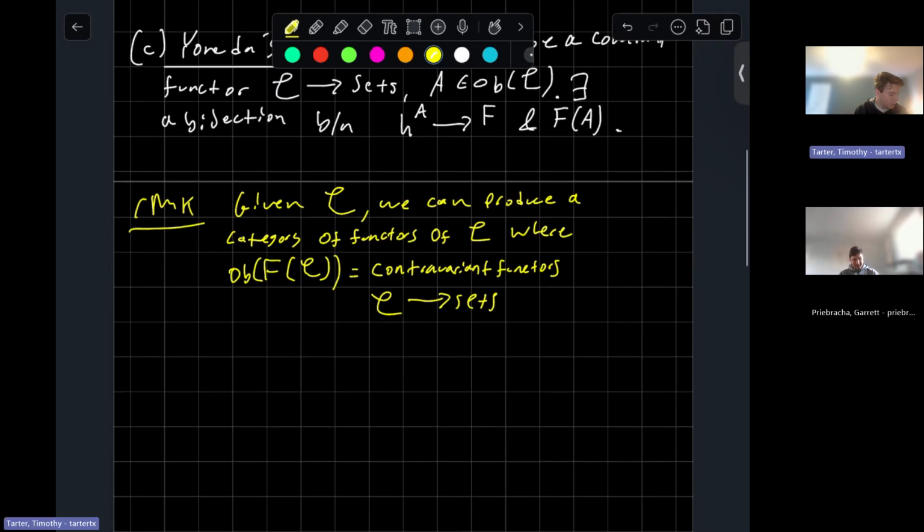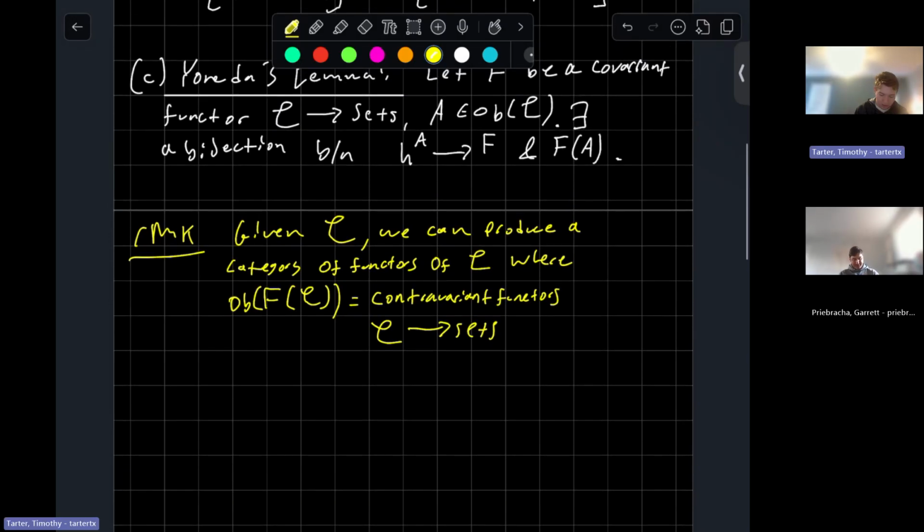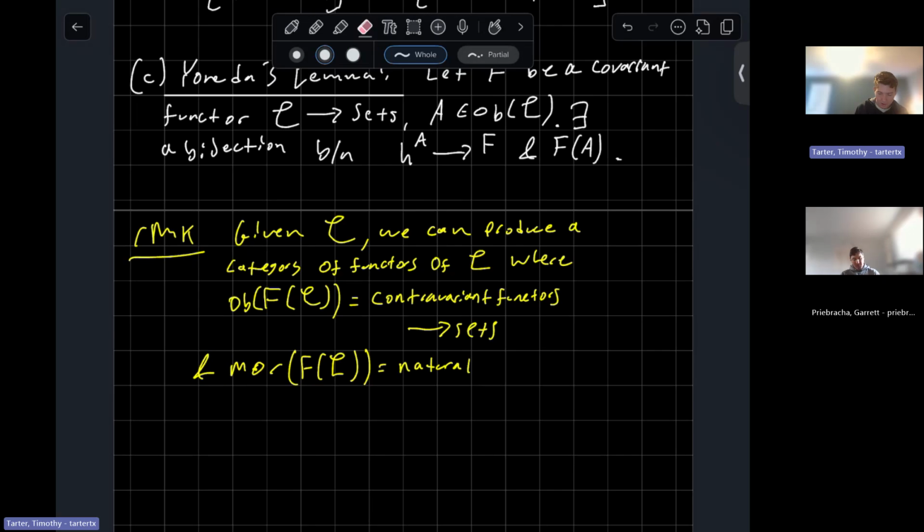And morphisms are natural transformations of such functors. That looks like an E, doesn't it? There we go. I don't know if that's any better.